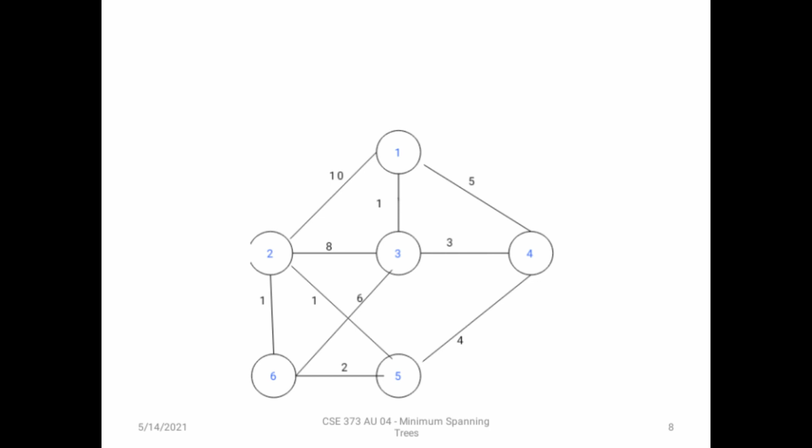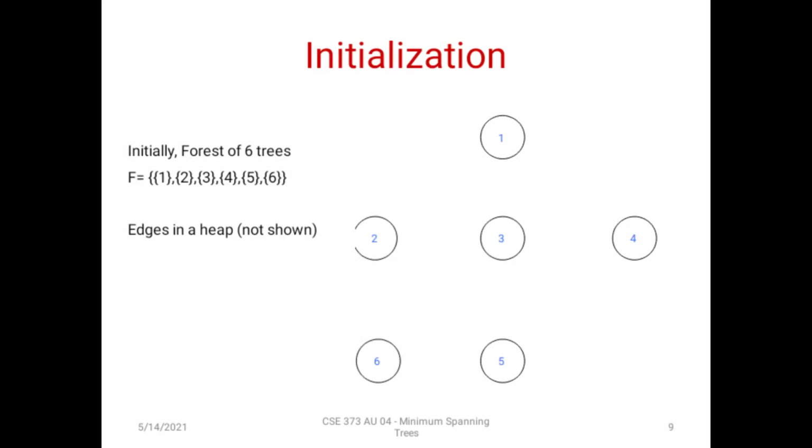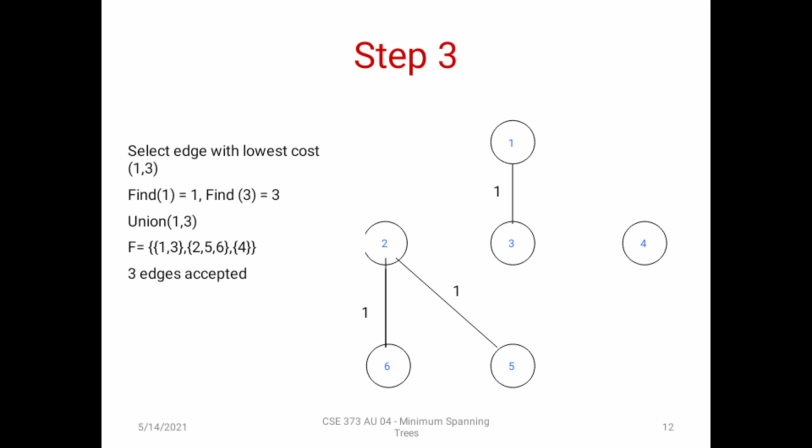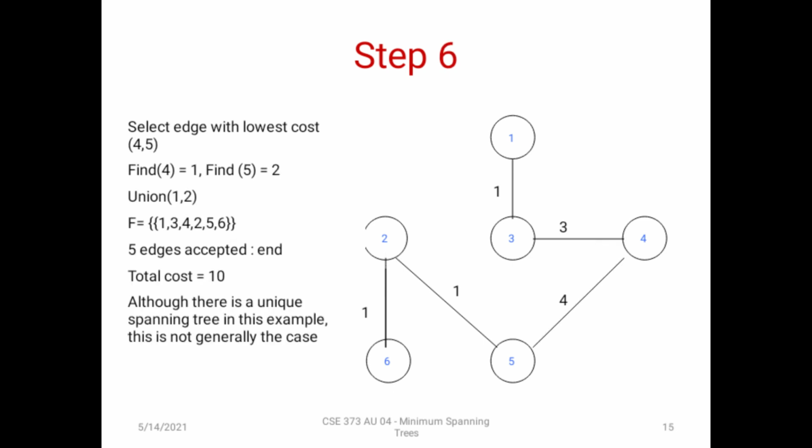Then the next minimum cost is 6 to 5, which will result in forming a cycle. Hence you are rejecting the edge from 6 to 5 and choosing the next edge, that is 3 to 4. You can see here you have 2 to 1, 1 to 5. Next you choose 3 to 4.